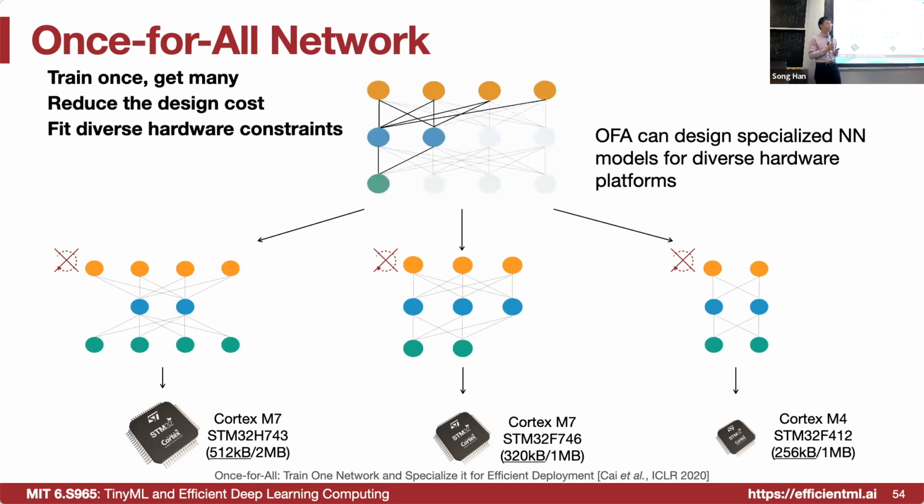And this will be part of the homework. We will give you this once-for-all network. The magic part is that you don't have to retrain it, but you can directly obtain these subnets and evaluate their accuracy and latency. They can operate independently. Of course, if you fine-tune for a while, it's going to further increase the accuracy.